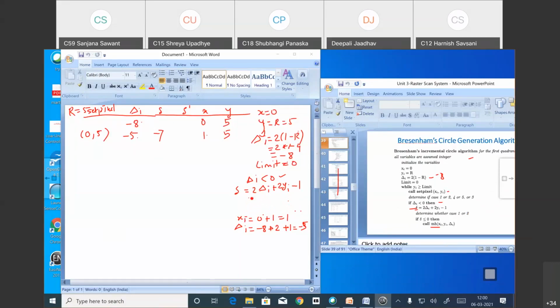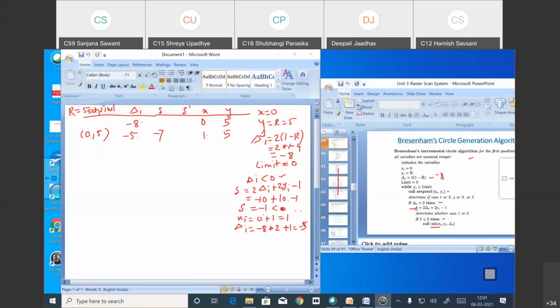Minus 5. So it is minus 10 plus 2 into yi. What is y? 5. 10 minus 1. Minus 10 minus 5 plus 10 minus 1. So what is it? Minus 1. What is the value of delta? Minus 1. Now check whether it is less than or greater than 0. Again it is less than 0.